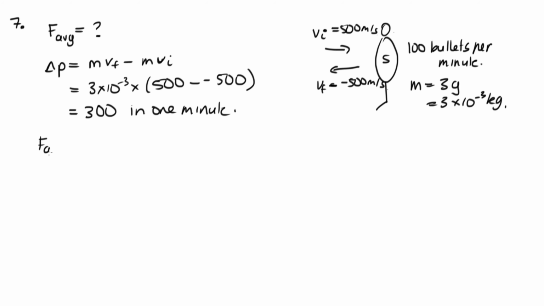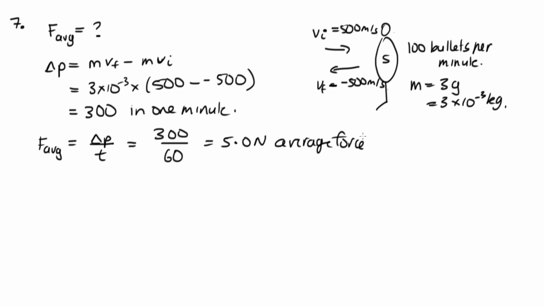Now the average force is equal to the change in momentum divided by the time. That's from our impulse equation. So this is equal to 300, and this is spread over 1 minute, so 60 seconds. So dividing 300 by 60 gives us 5 newtons is the average force. So the direction would be in the initial direction that the bullets were traveling.